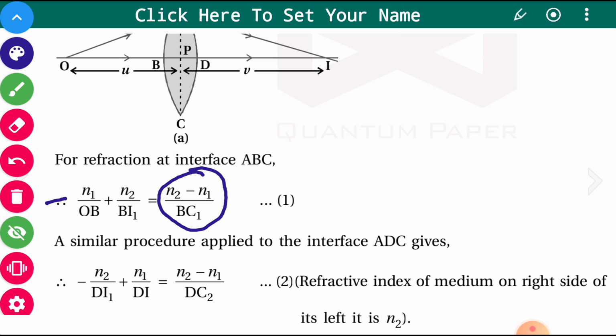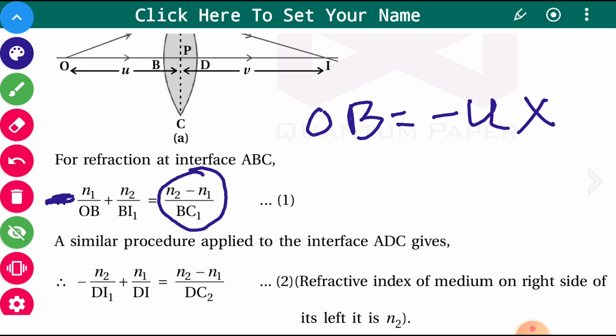Here there must be a minus. If you are putting minus in the beginning, try to understand this part, then we need not take OB equal to minus u.